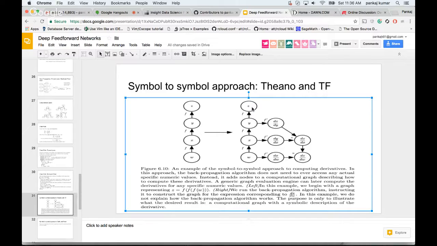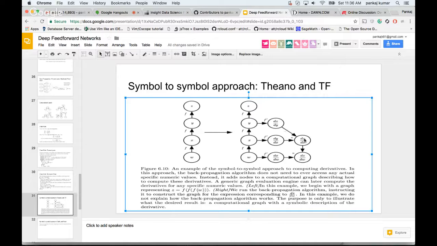And they will compute a different graph, which will actually compute all the gradients. From this graph, they will compute F dash with respect to Y, F dash with respect to F, for each layer.